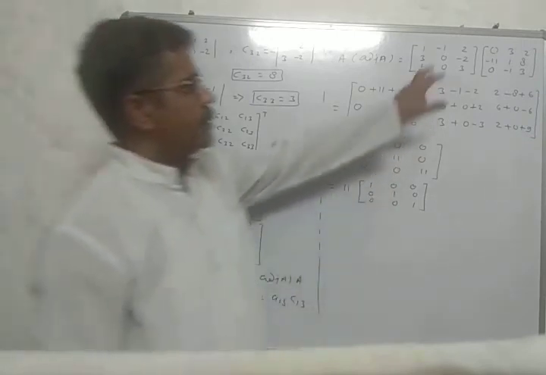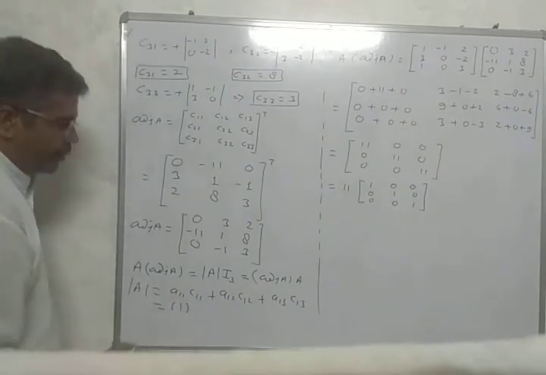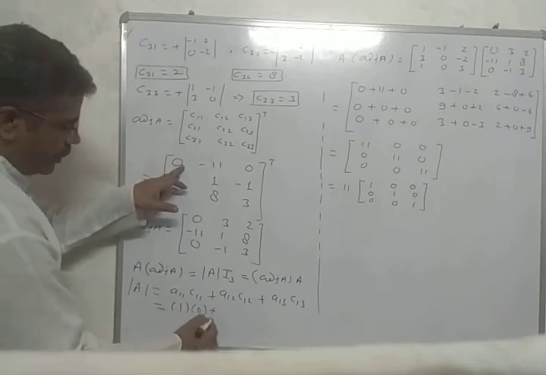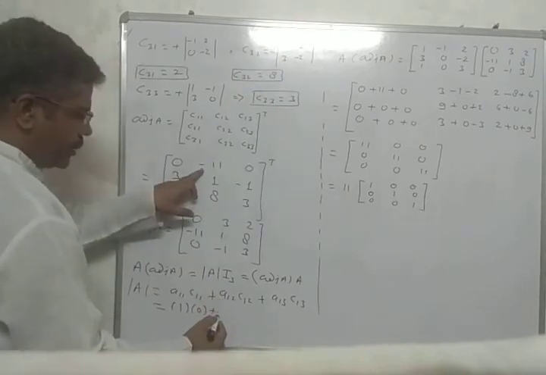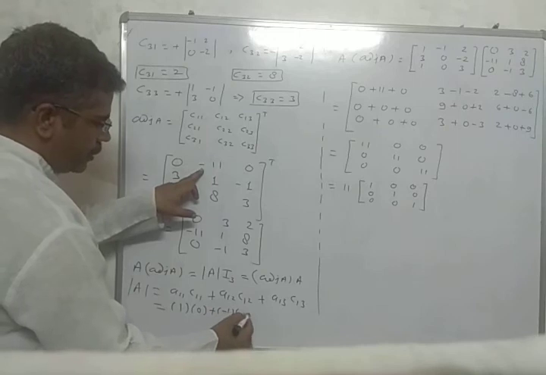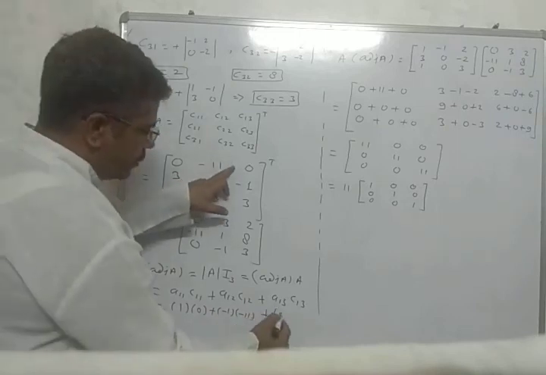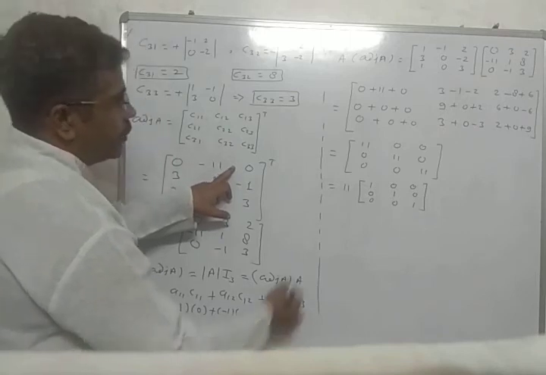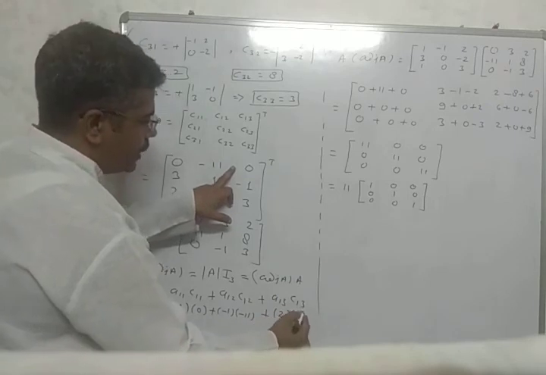A11 is 1 and C11 is 0, and A12 is minus 1 and C12 is minus 11, plus A13 is 2 and C13 is 0.